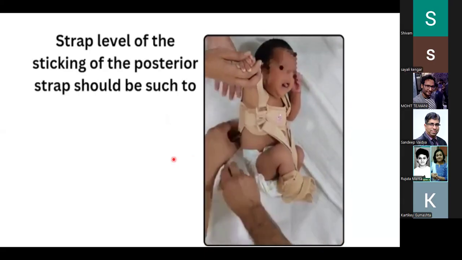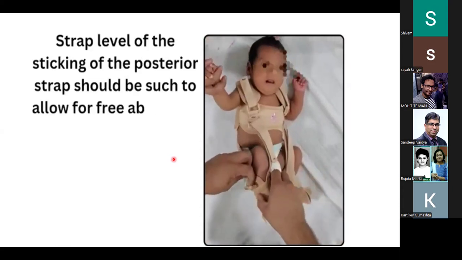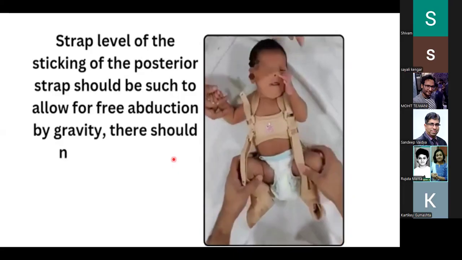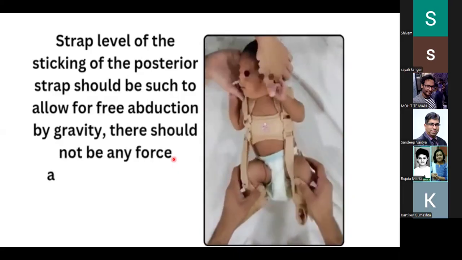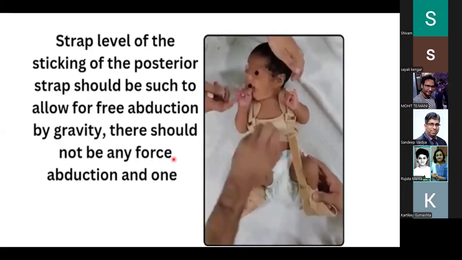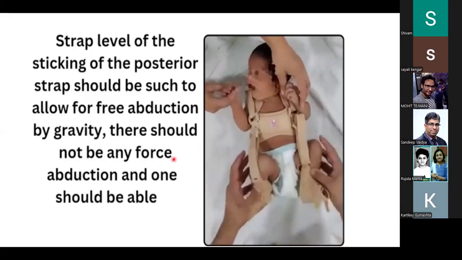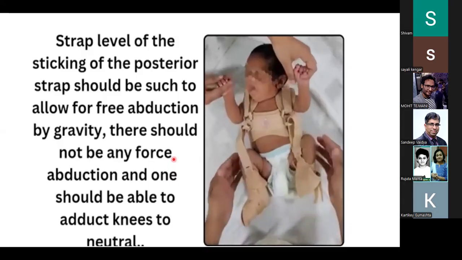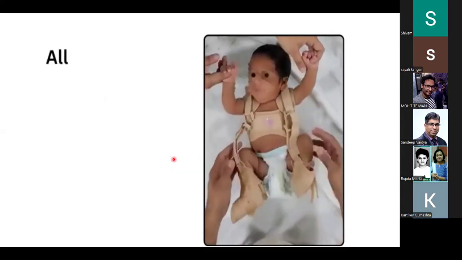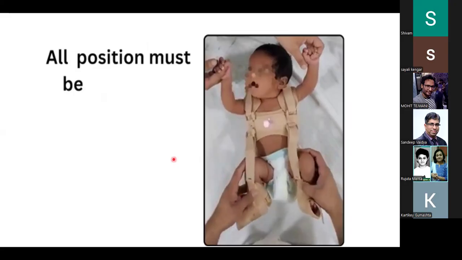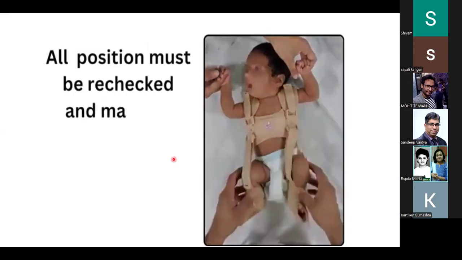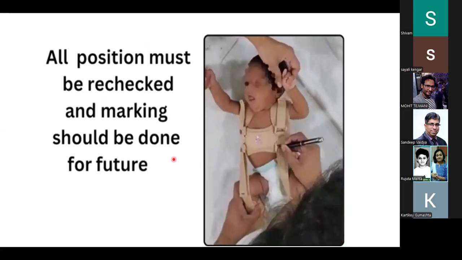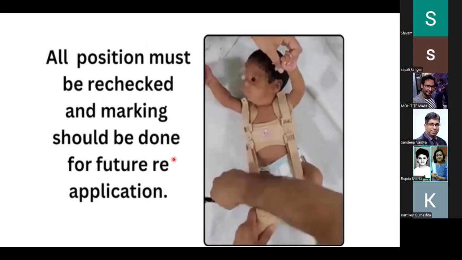The level of the posterior strap should be such as to allow free abduction, which should be gravity assisted, and we should mark the level of these straps so as to reapply later. No force should be applied for abduction. All positions must be rechecked and marking should be done at the end for future reapplication.